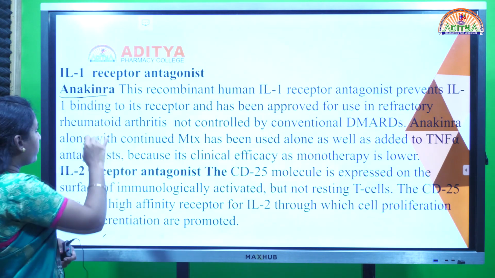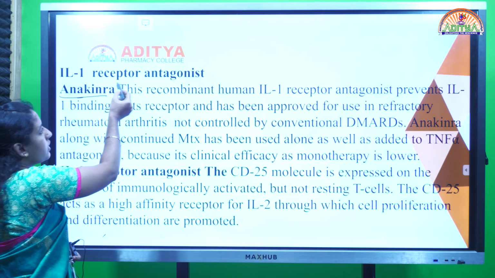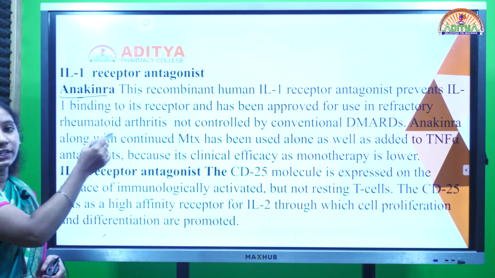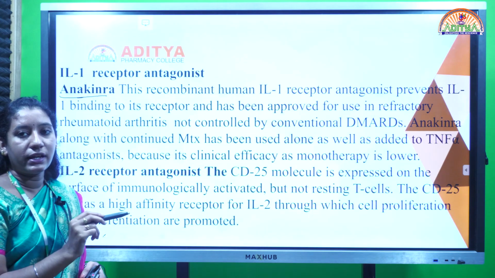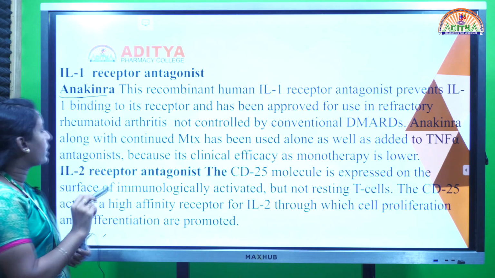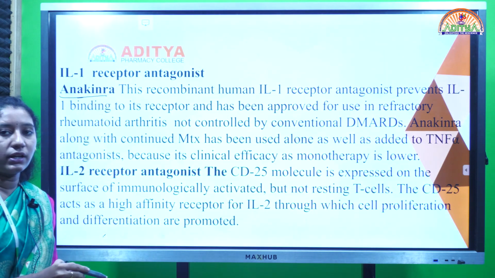Coming to the next class, that is IL-1 receptor antagonist. It is in the name itself. This class of drugs will bind to the IL-1 receptor and inhibit its actions. The first drug is anakinra. It is used in the conditions of rheumatoid arthritis.